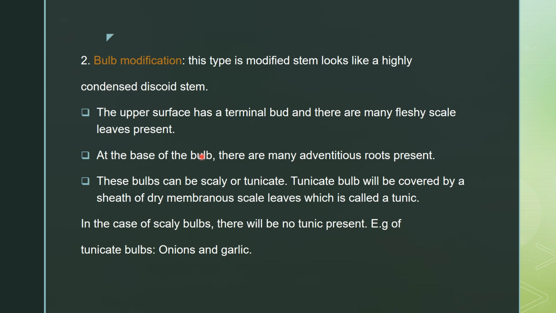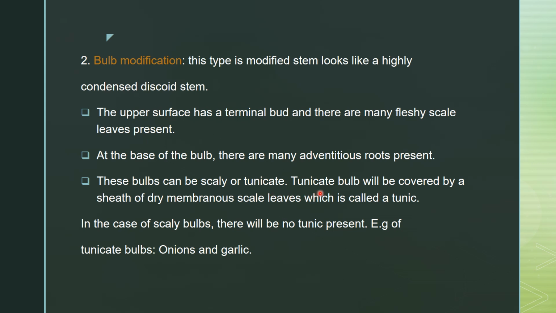At the base of the bulb, there are many adventitious roots present. These bulbs can be scaly or tunicate. If you have an onion at home, take it and try to observe the structures which I described.